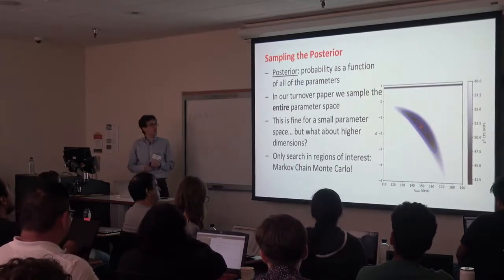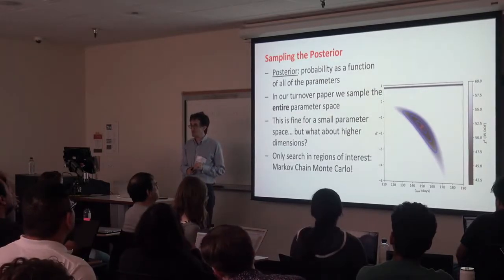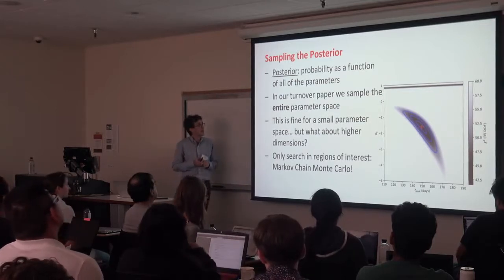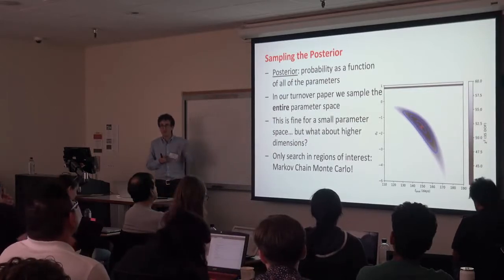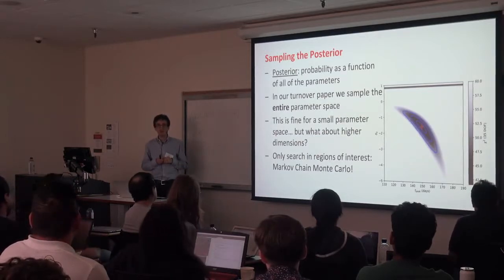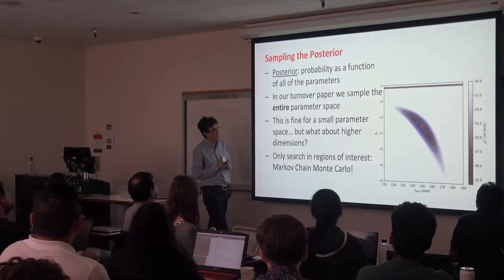What we ultimately want to do is sample the posterior distribution function of chi-squared as a function of all of our parameters. That's basically the probability that our data were generated by this particular model as a function of all the different parameters. So here's an example.